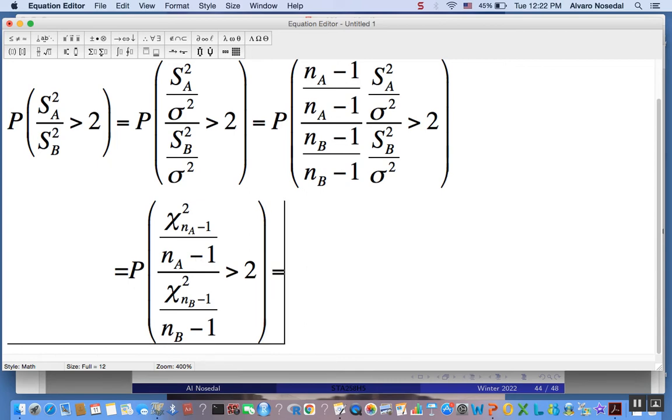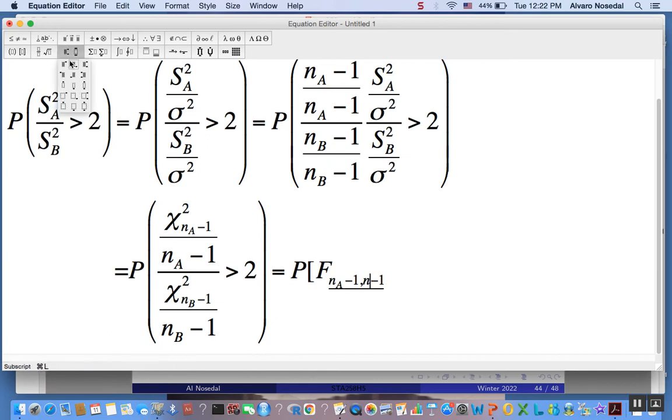So this has an F distribution with n sub a minus 1 degrees of freedom in the numerator and n sub b minus 1 degrees of freedom in the denominator. There we are. Make sense? Okay.